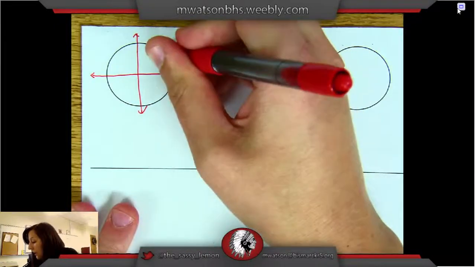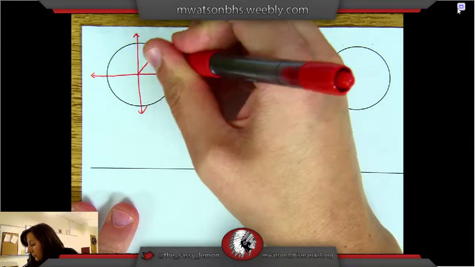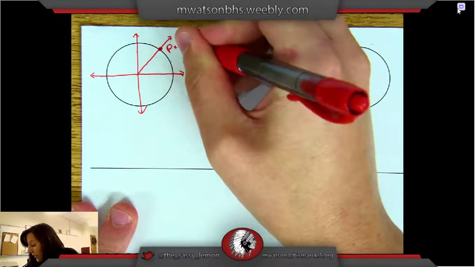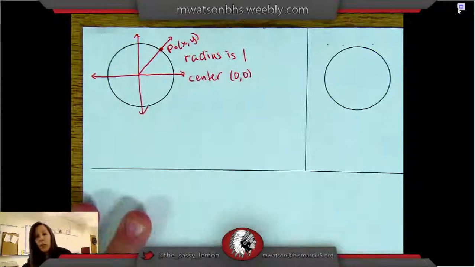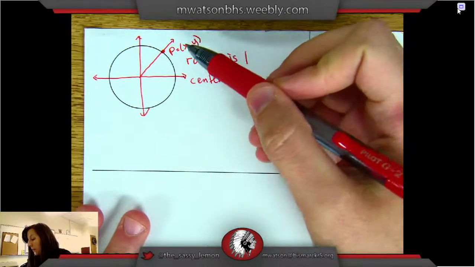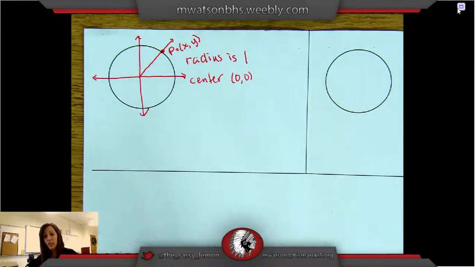And if we have a point on our circle, let's call that point (x, y), then we can make a statement about x, y, and r. We just learned 2 lessons ago that in a circle on a coordinate grid, x squared plus y squared equals r squared.